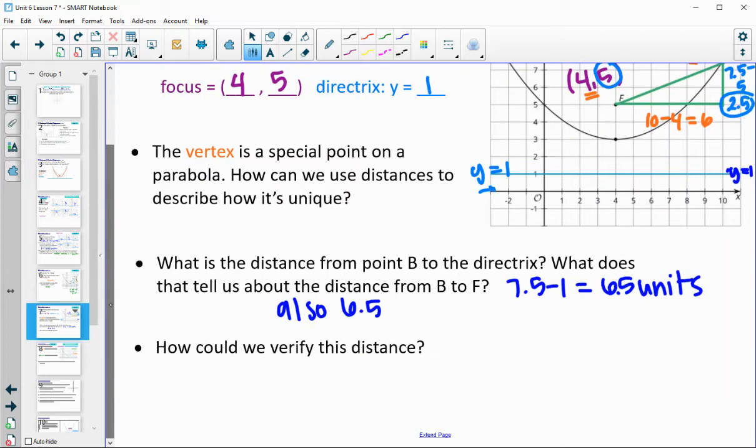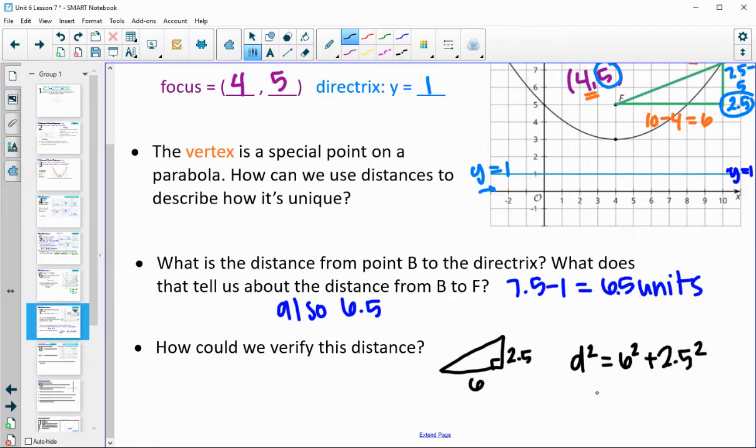So then you could do the Pythagorean theorem there for that right triangle. So let me just draw it down here. So we got the width was 6 and the height was 2.5. So then you could calculate and do the distance squared is equal to the legs squared and added together. Just do your Pythagorean theorem. So this is 36 plus 6.25.